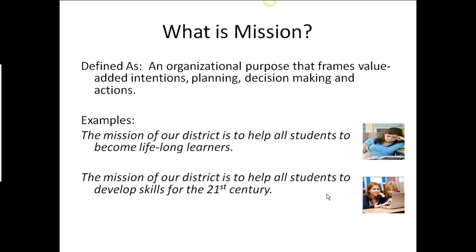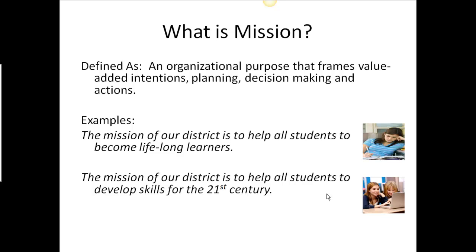So for instance, one of these two examples of mission might possibly closely represent what your mission is in your district. These are pretty typical mission statements. The first one is, the mission of our district is to help all students to become lifelong learners.